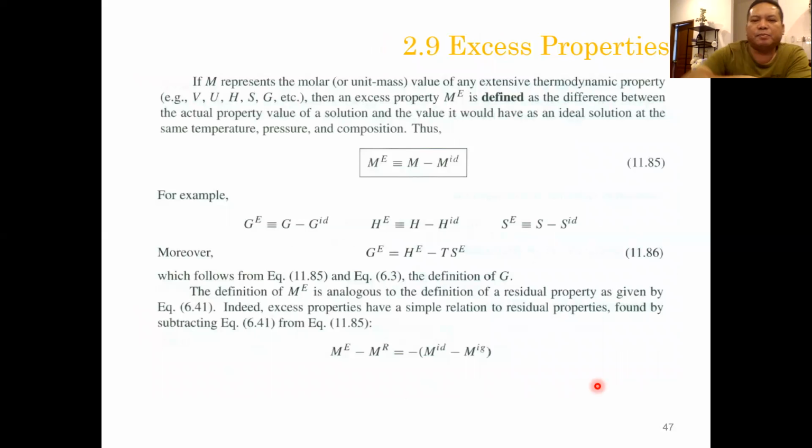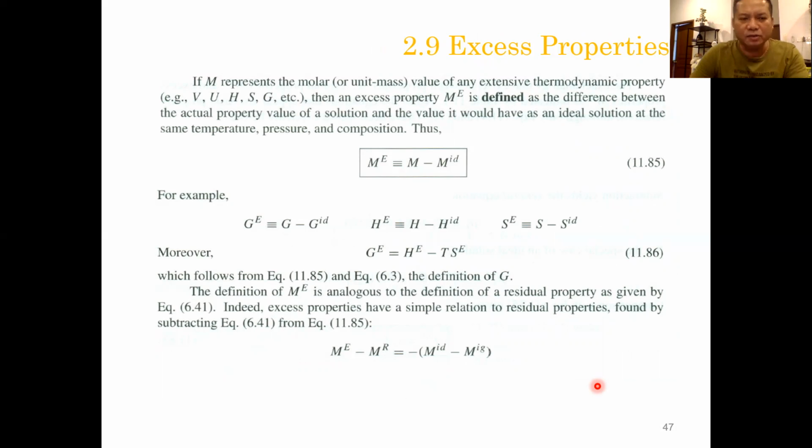Okay, so excess properties. Previously, you have learned residual properties, isn't it? Residual properties is where you compare the real gas to the ideal gas. So the smaller the difference, the more the real gas behaves like an ideal gas.